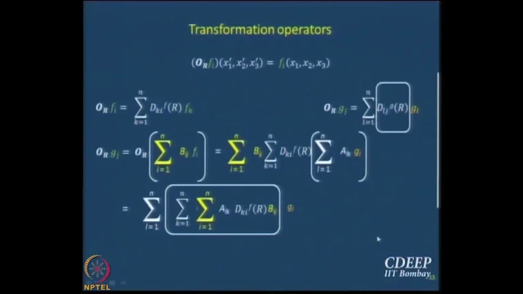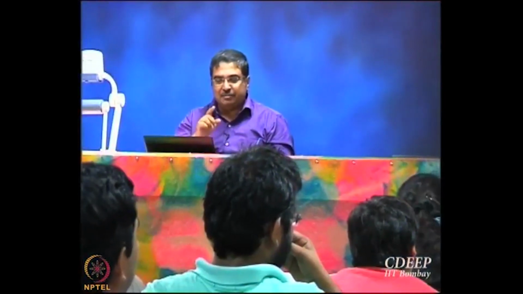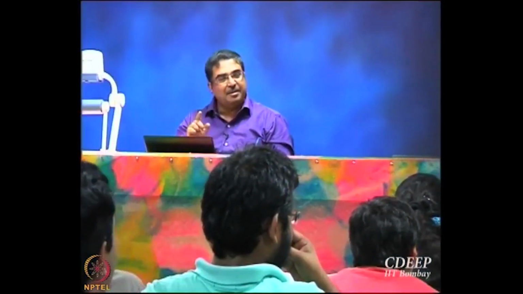So if DLJ is equal to ALK DKI BIJ, then what does it mean? That means DG is a product of A, DF and B. So I can now go from matrix elements to matrices. Isn't that the rule of multiplication of matrices?